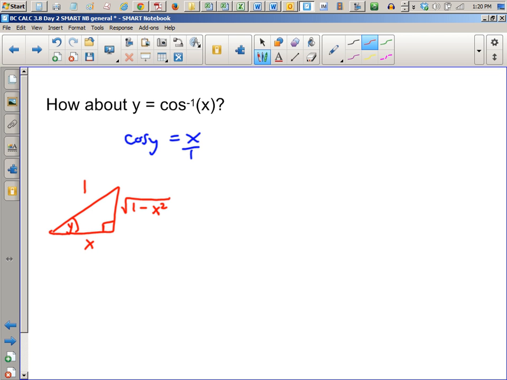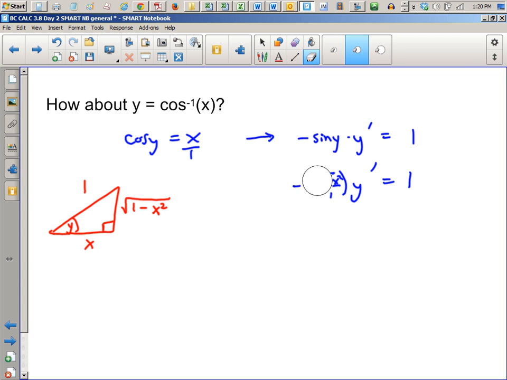Let's take our derivative implicitly. So that's negative sine y times y prime equals 1. Don't forget to take the derivative of that x over there. It's easy to forget. The triangle tells us that sine is opposite over hypotenuse, so that's a square root of 1 minus x squared there.